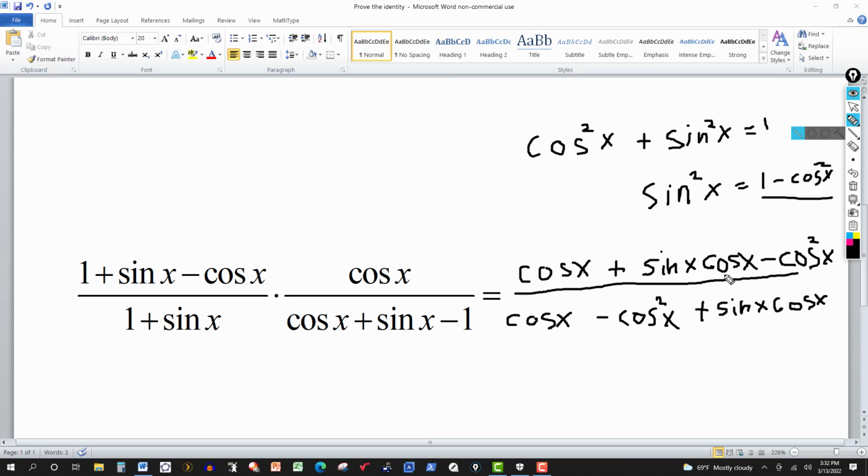I have a sine x cosine x on top, sine x cosine x in the bottom, minus cosine squared on top, minus cosine squared on the bottom. So this expression here is the same thing as this expression right here. That divides out, gives me 1.